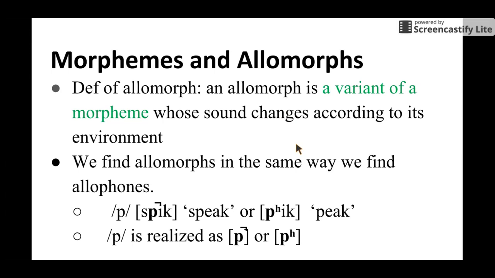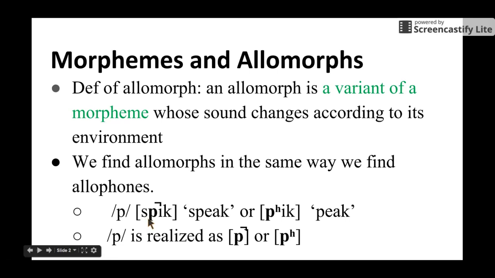So actually, allomorph is very similar to allophones. Do you remember what allophone is? Here's an example of an allophone. This P sound can be realized as an unaspirated P or a P with aspiration.